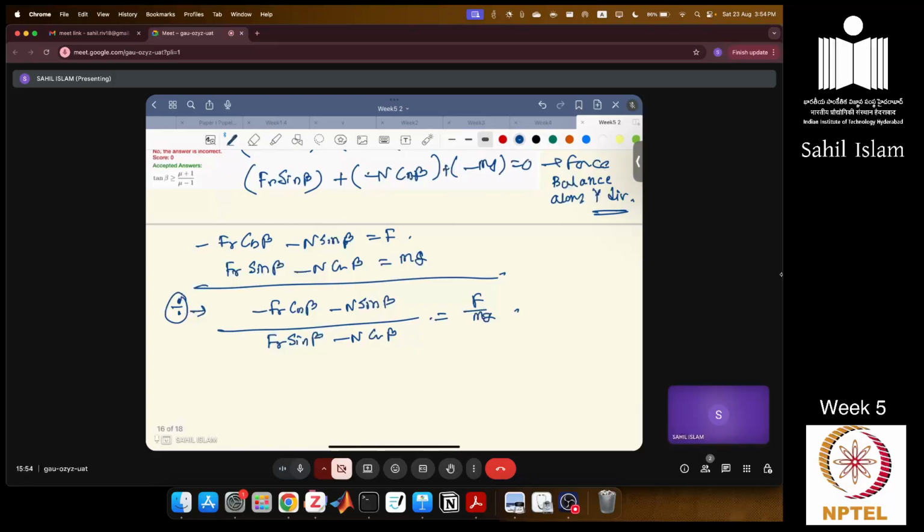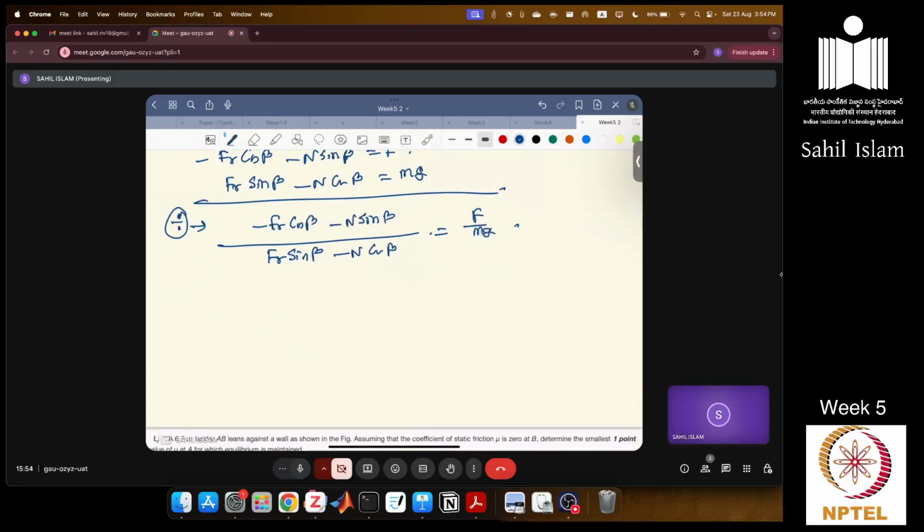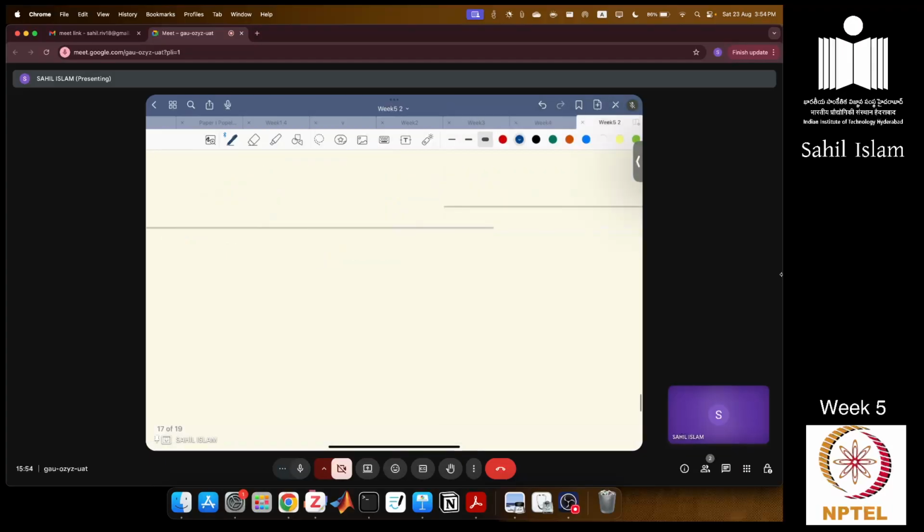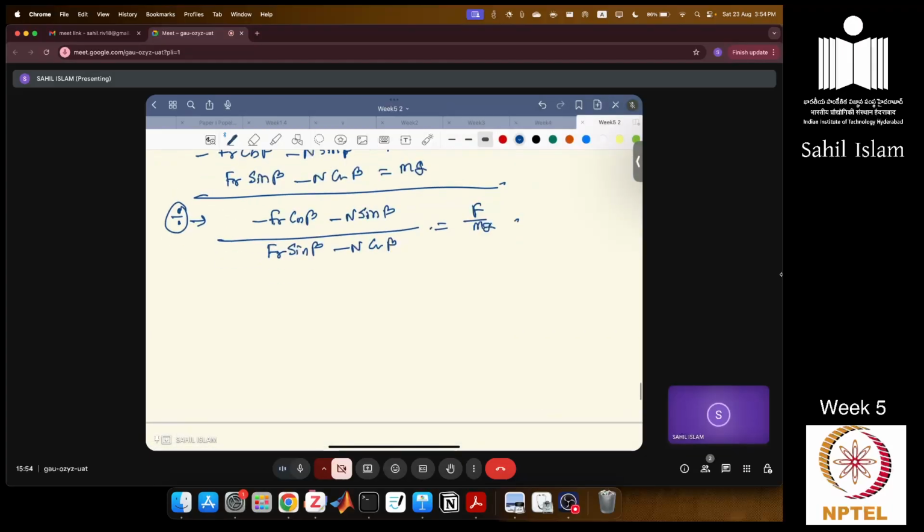Now this frictional force we can write as mu n, right? So minus mu n cos beta minus n sin beta by mu n sin beta minus n cos beta equals F by mg.